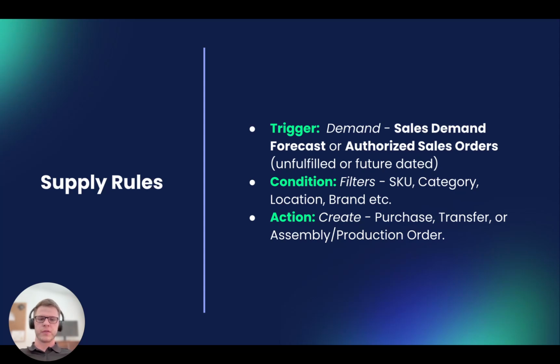Is it for a specific category or location or brand, etc.? We'll get into more detail on that a little bit later. And then it suggests the action that we're going to take. So it will create a purchase order, a transfer order, or an assembly or production order, depending on the settings that we have enabled. And depending on those settings, it'll either be a draft or an authorized purchase, transfer, or assembly order.